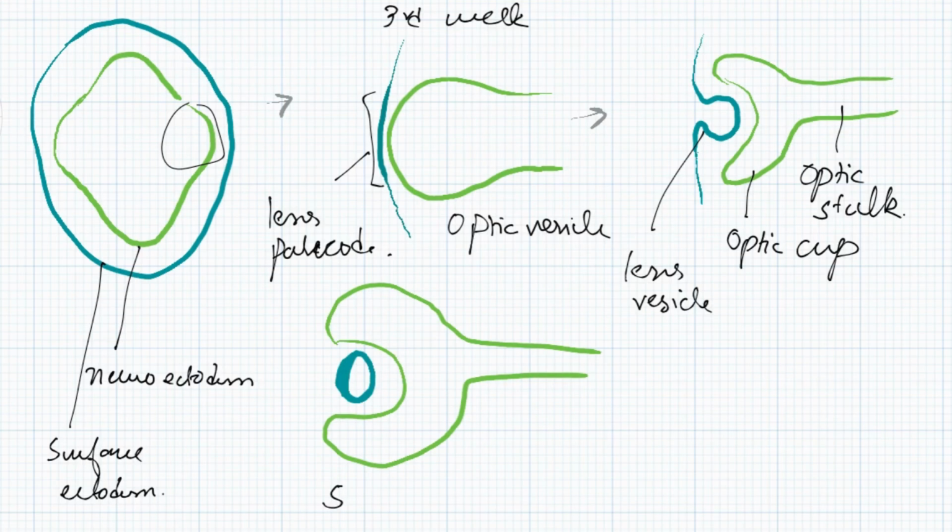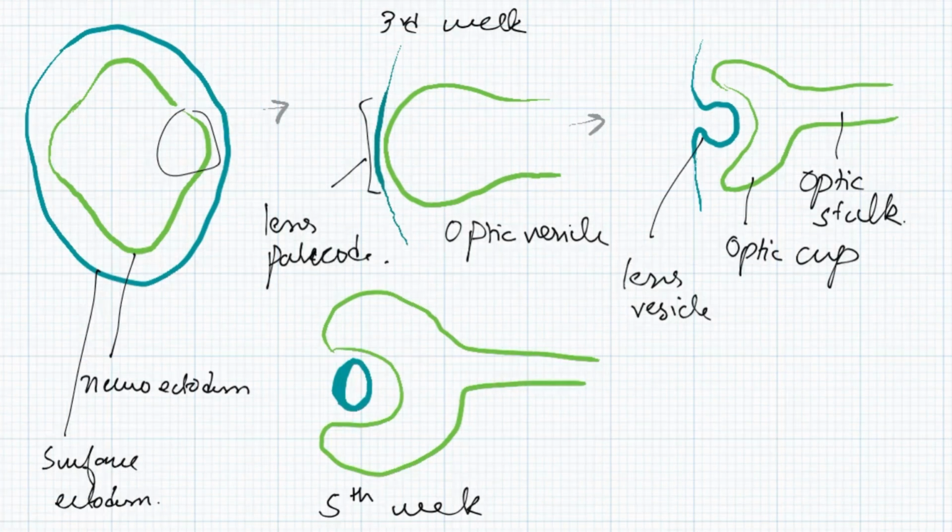During the fifth week of gestation, the surface ectoderm loses contact with the lens vesicle, and the lens vesicle lies purely inside the optic cup. The optic cup and the lens vesicle are surrounded by mesenchymal cells.